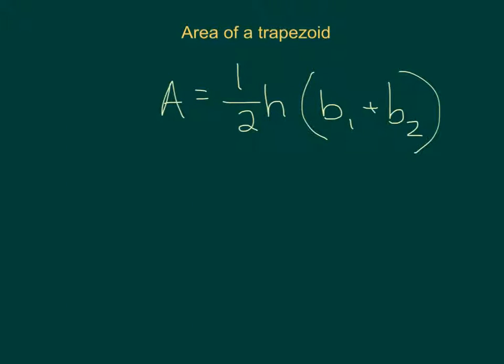To find the area of a trapezoid, it's a little bit of an area of a parallelogram combined with the area of a triangle. So the formula is 1/2 of height times base 1 plus base 2. So if you remember, a trapezoid looks kind of like this, with one of them being base 1 and one of them being base 2.